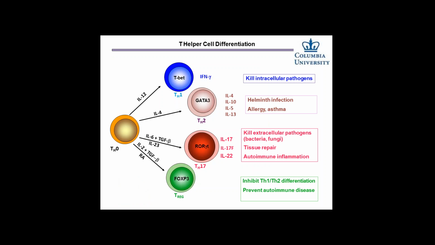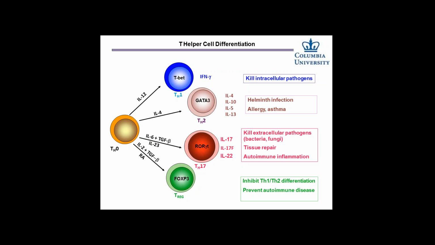So we've been focusing on the system of T cell homeostasis in the gut, and we know that CD4 T cells develop to different effector fates under the control of different environmental conditions, such as different cytokines produced by innate immune cells.